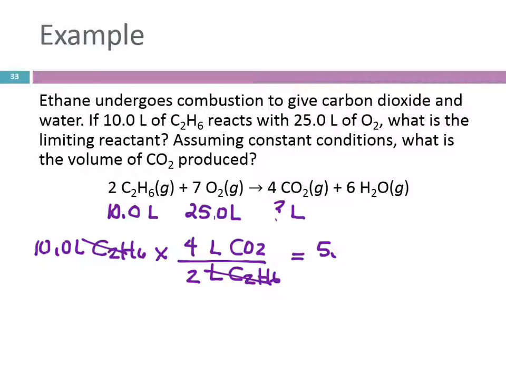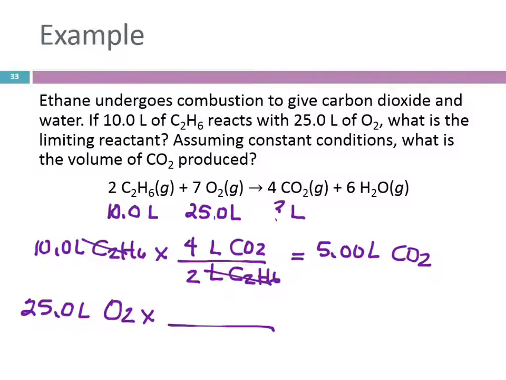So that gives us 5. Then we use the other reactant, 25 liters of O2 times, we're still trying to find the same product. It's 24.